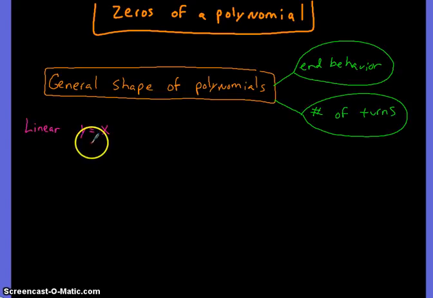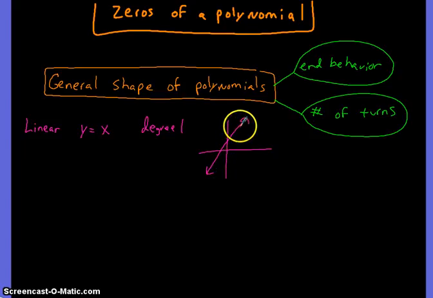A linear equation, y equals x to the first, has degree 1. So that tells me some things about the graph. We know linear equations look like this. This graph never changes direction. It goes up and up forever. If you start at this point and you go to the right, you just go up.